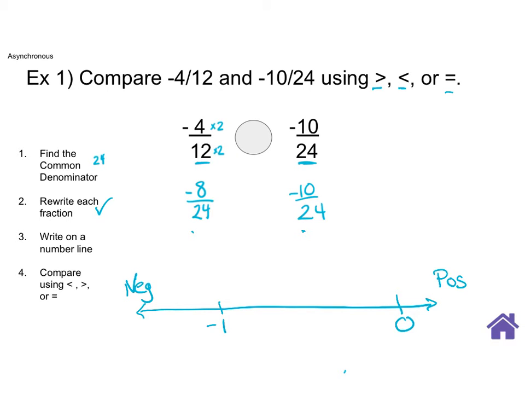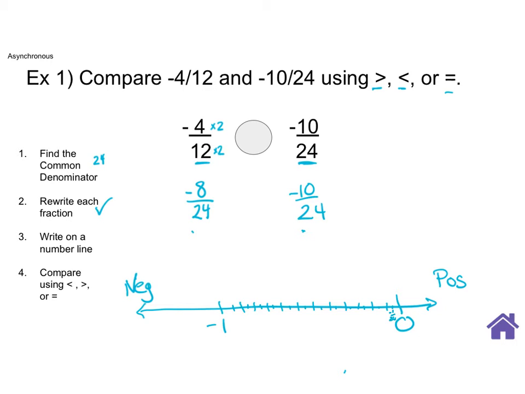If this was divided into 12ths, and I divided each one of those 12ths in half, this would be 24ths. So where would my -1/24 be? It'd be right here. So this would be -1/24.